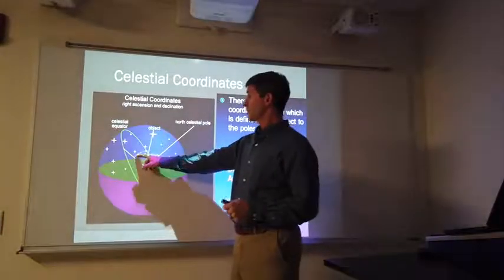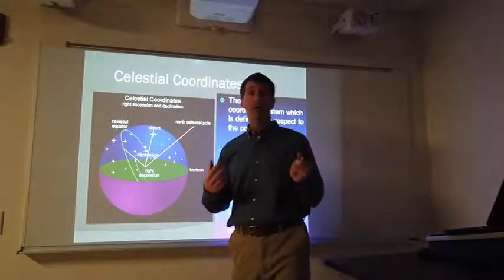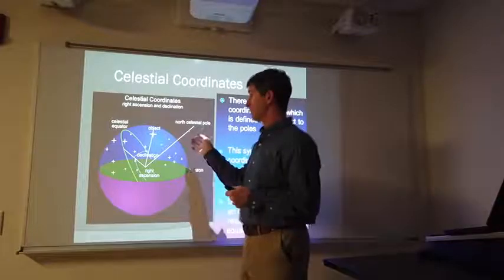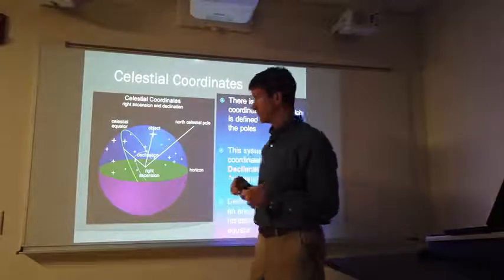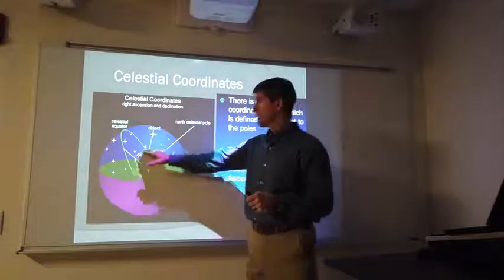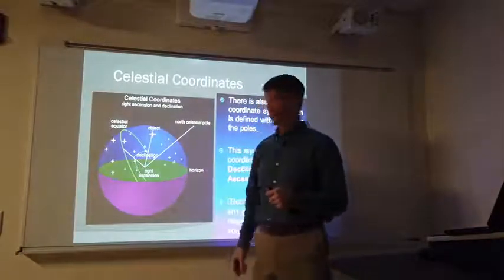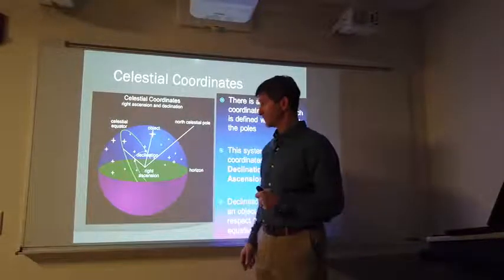The north celestial pole is at 90 degrees from the equator, just like our geographic North Pole and equator. So declination really describes how far north or how close to the north celestial pole an object is.